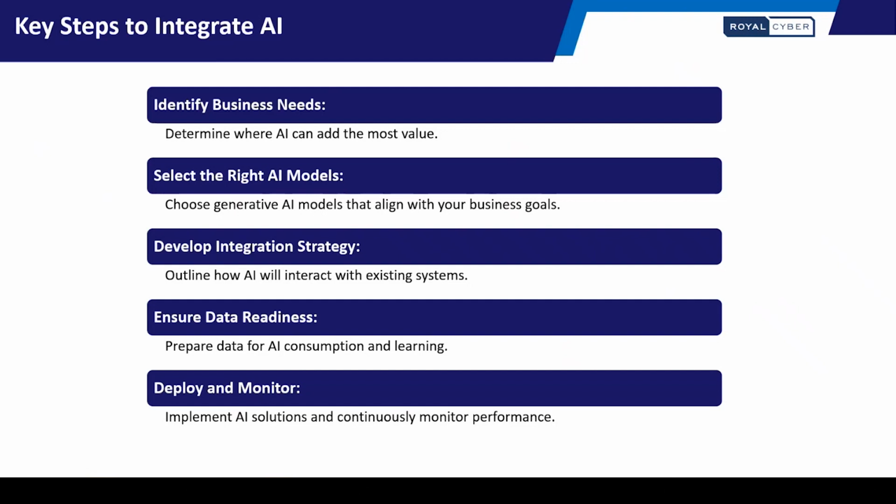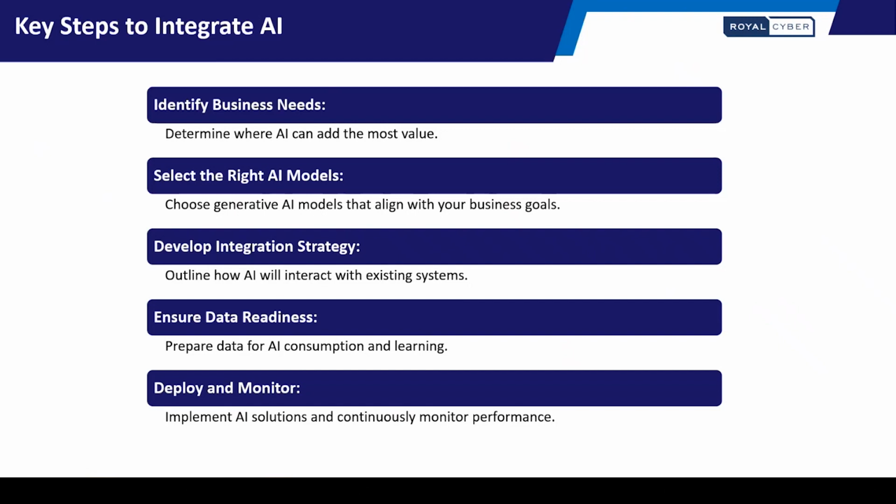To effectively integrate generative AI solutions in your organization, follow these steps. First of all, identify business needs. Assess your organization's processes and operations to identify areas where AI can add the most value and address specific business needs. Choose generative AI models that align with your identified business goals and requirements.